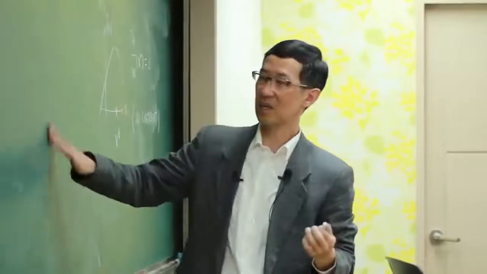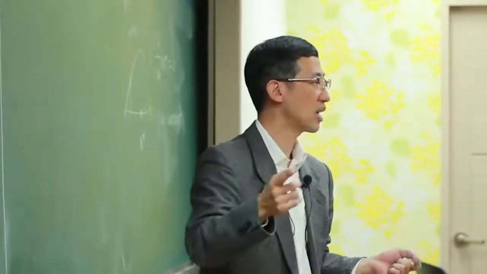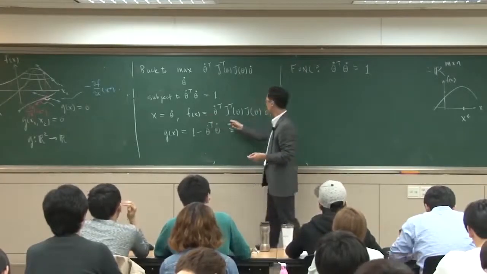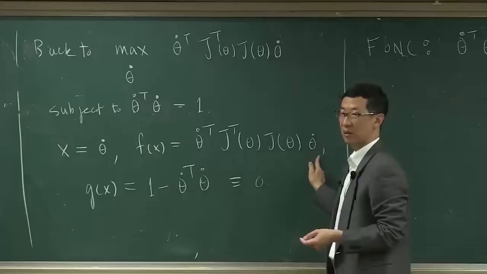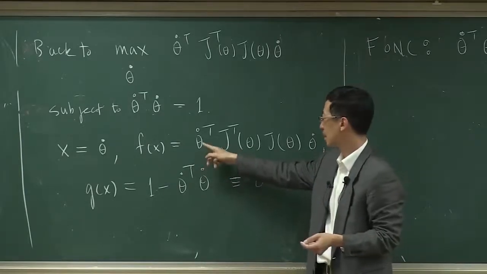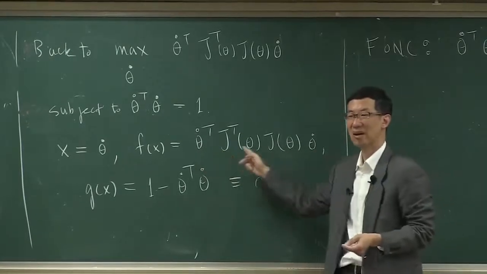The second condition is df dx plus lambda transpose dg dx, and that has to equal 0. So df dx: take the derivative of this with respect to theta dot. You see theta dot once, twice, so it's kind of like theta dot squared.